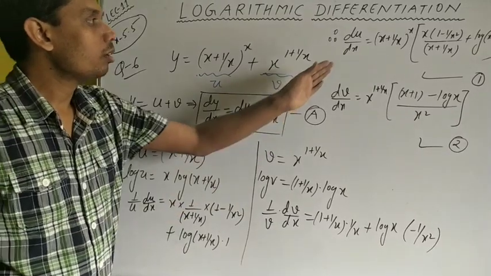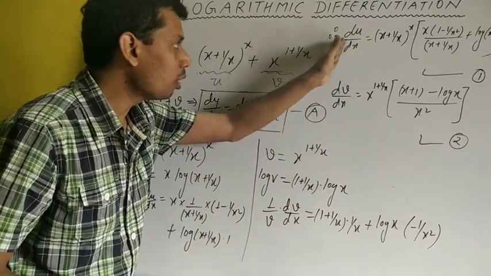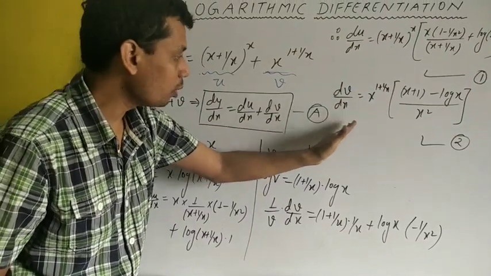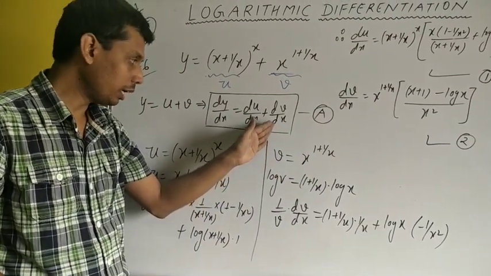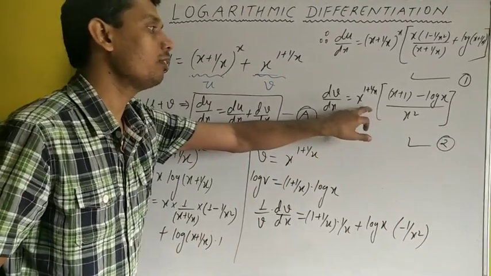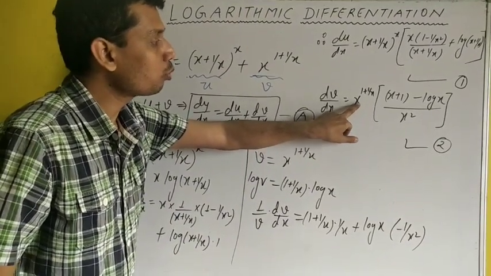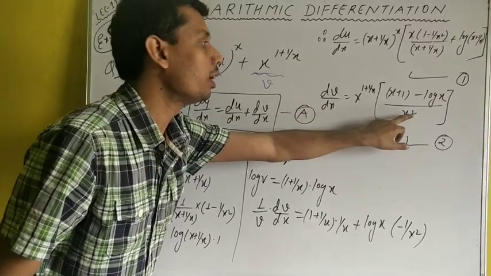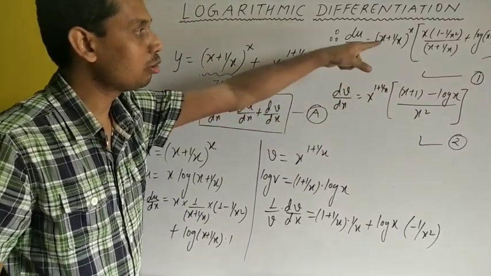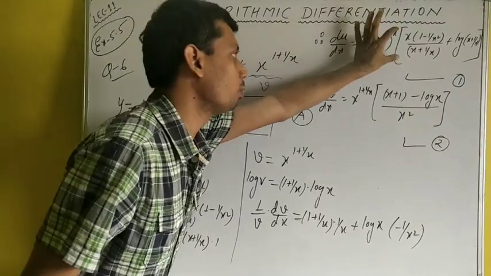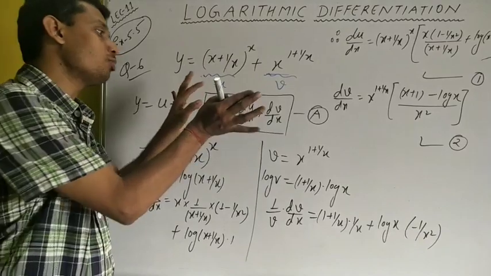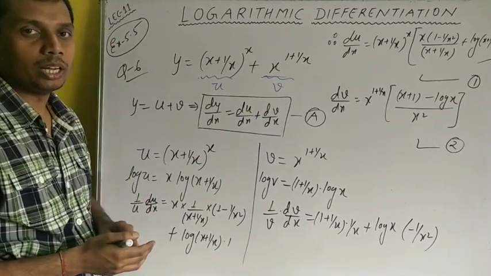So when we substitute the values of du by dx from equation 1 and dv by dx from equation 2 in equation A, we get the value of dy by dx. Just express this in the simplest form. See here, x to the power m and x to the power n, so x to the power m minus n. You simplify that part, and also simplify this part. Express that in the simplest form and substitute in equation A, that is the required answer.